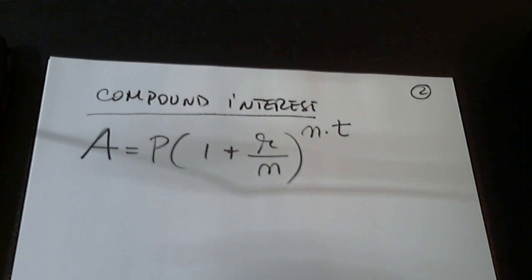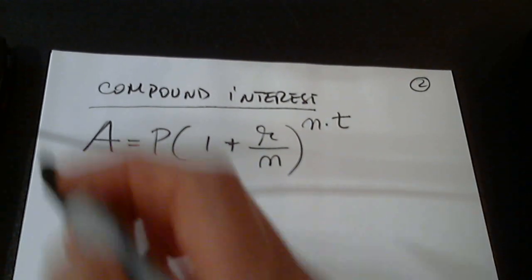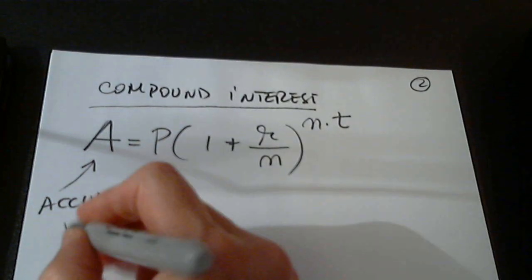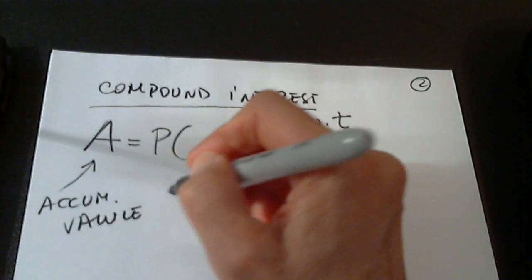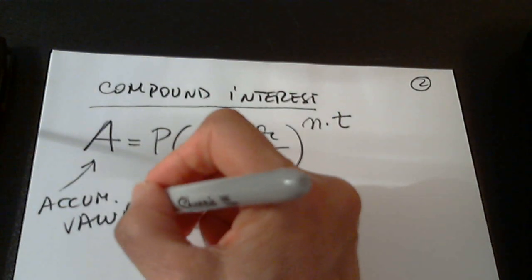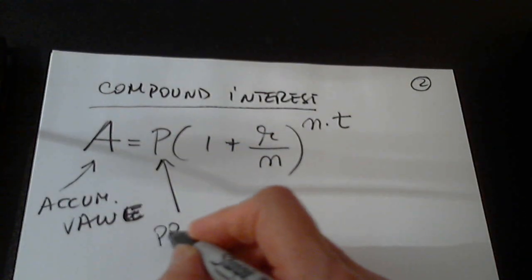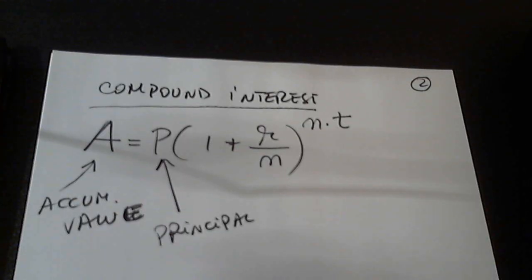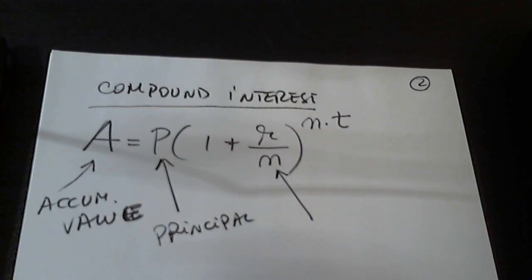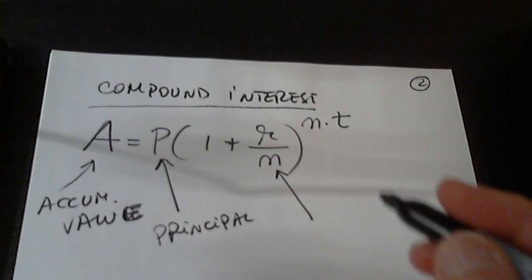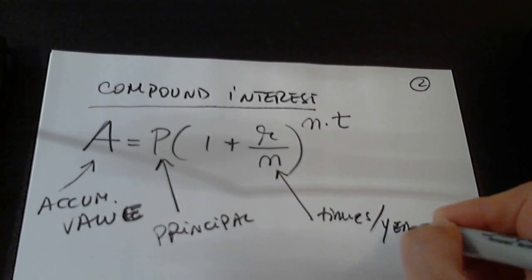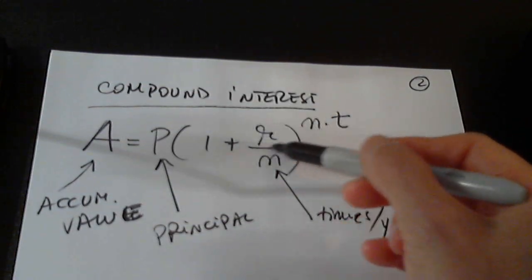So this is the compound interest formula. This is the accumulated value. This is the principal, the money we deposit. This is n, the number of times the interest is compounded per year. This is r, the annual interest rate.